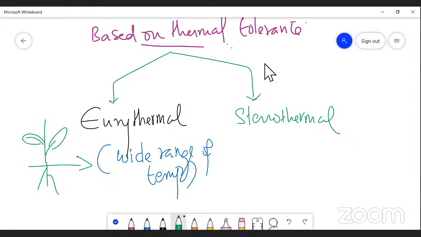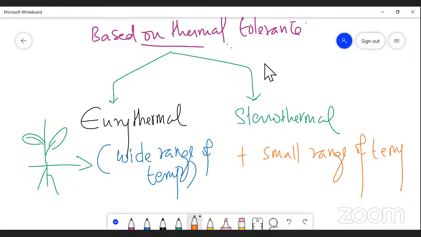Such a condition is called eurythermal. Whereas stenothermal means the plant can tolerate only a small range of temperature. So that is simply called stenothermal.